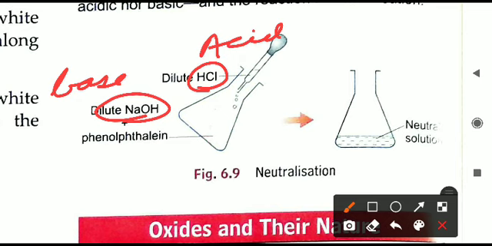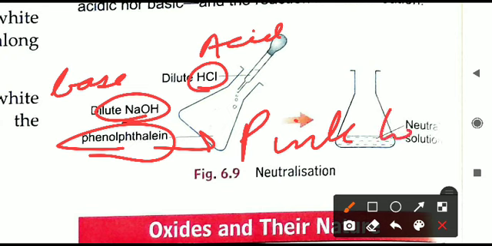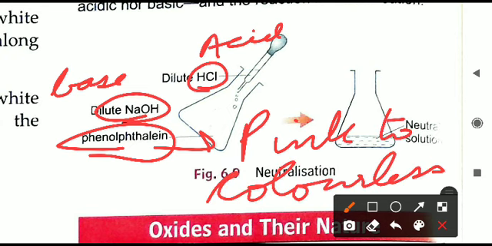We will identify it when the phenolphthalein turns from pink into colorless. When it changes from pink into a colorless solution, then only we will identify, yes, the container has a neutral solution. This is a small activity to demonstrate the neutralization reaction.